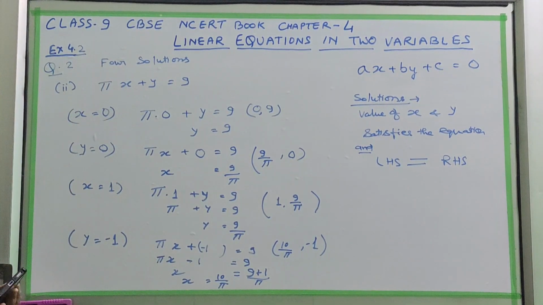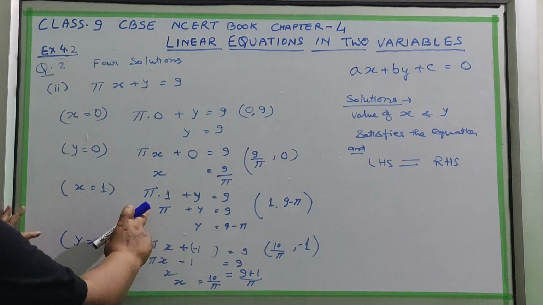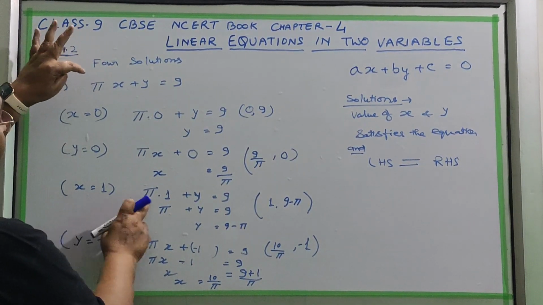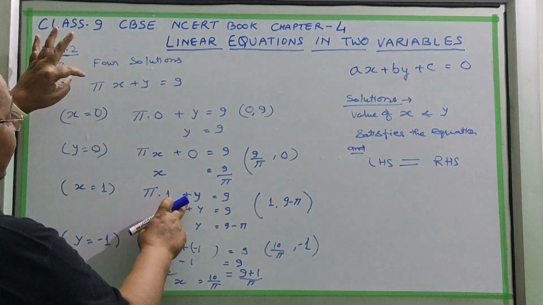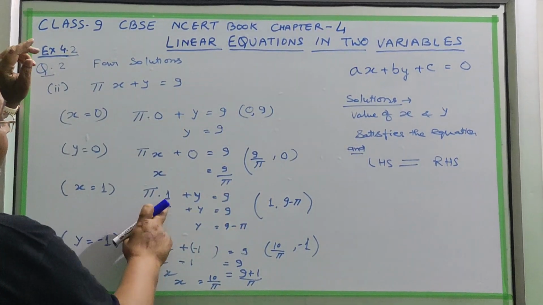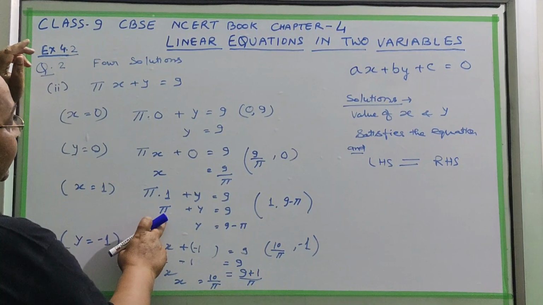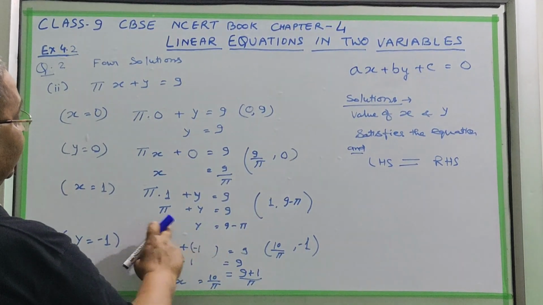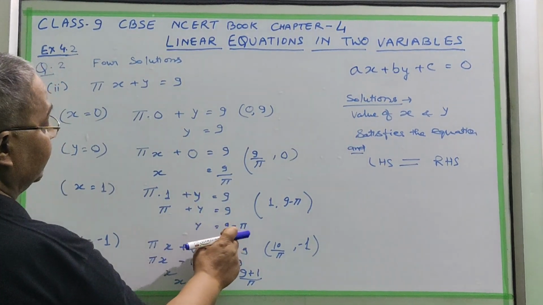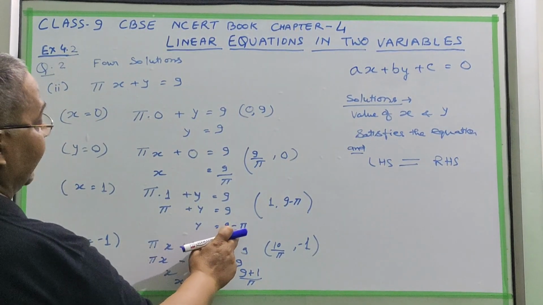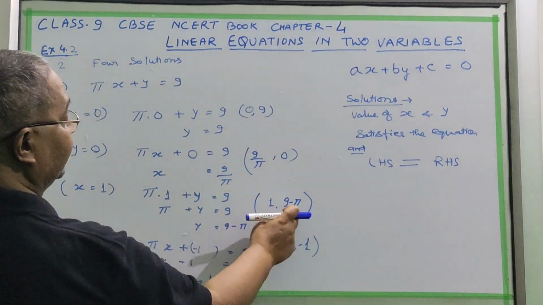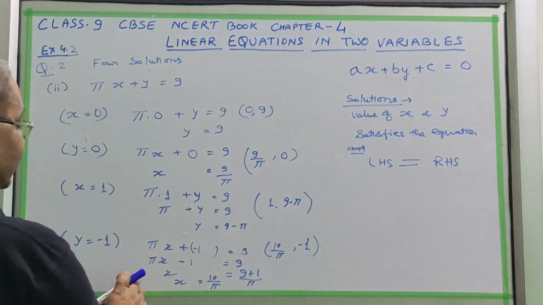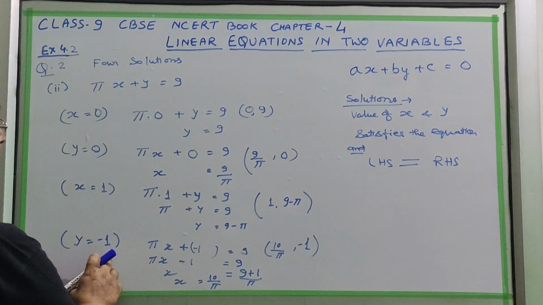Okay. So here we are taking the value of x as 1. So pi into 1 plus y will remain as it is, equal to 9. So when 1 will multiply pi, it becomes pi. Plus y will remain. 9, so y's value will be, this will go to other side and it will be in the negative, minus. So 9 minus pi it will be. So first is x value 1 and then y's value. Here we are taking y as minus 1.